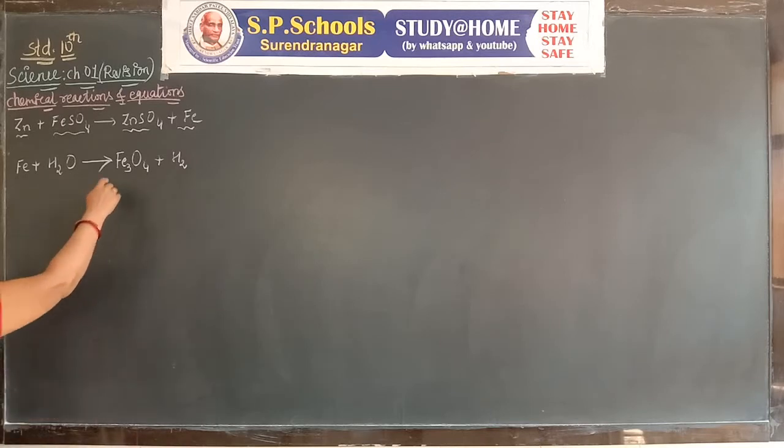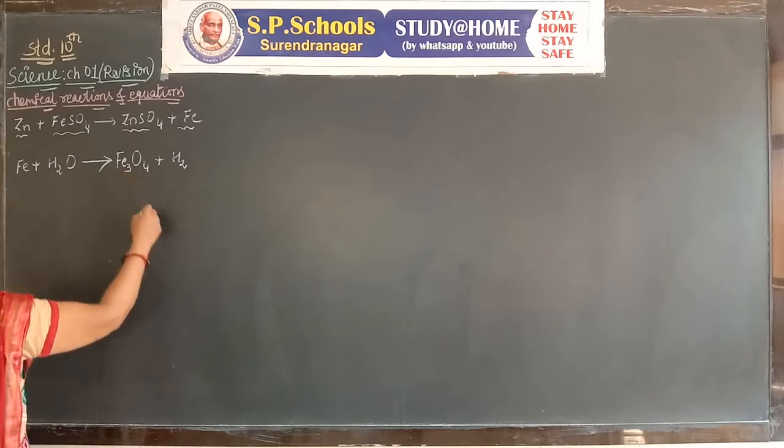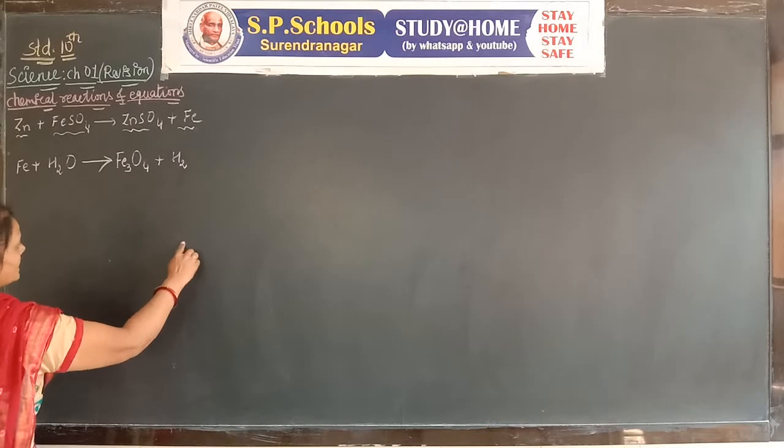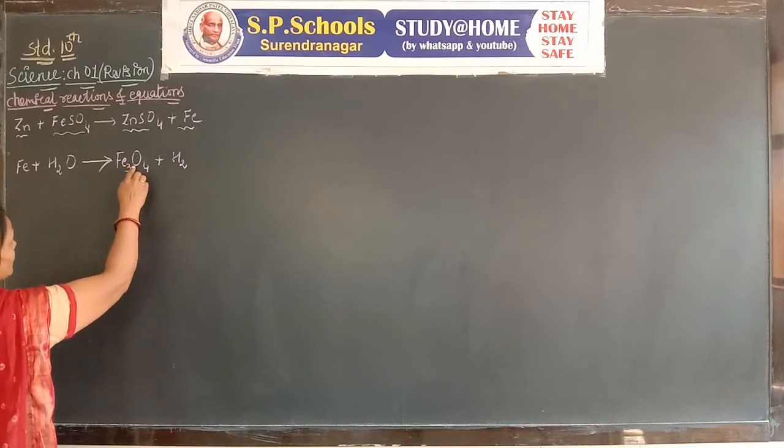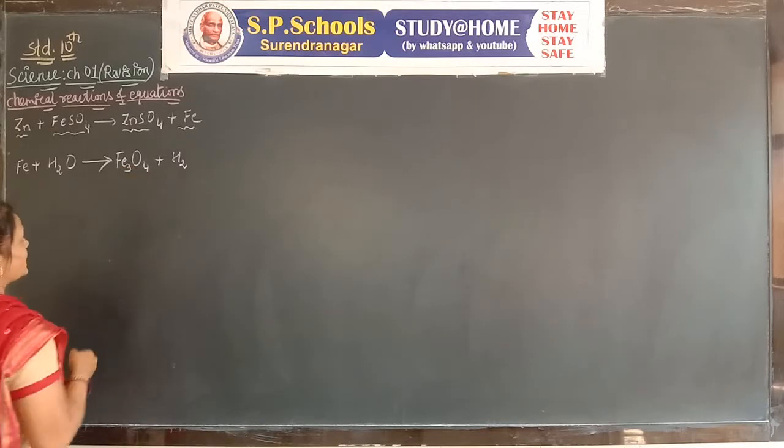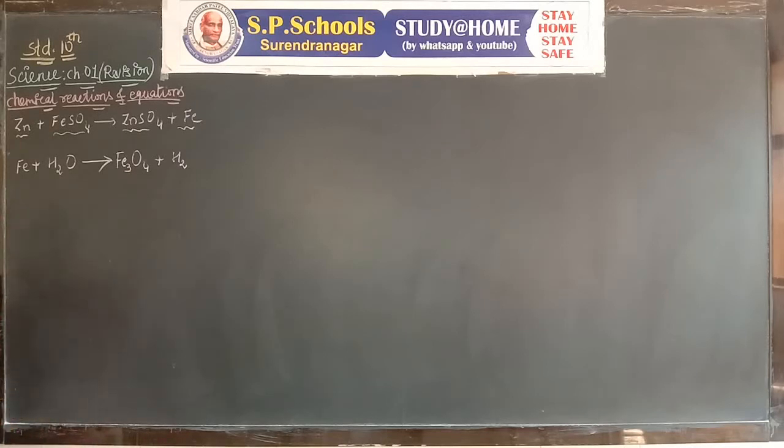Here you have to write the formula for Fe, capital F and small e, and O, capital, with 3 or 4 written on the basis of Fe and oxygen.